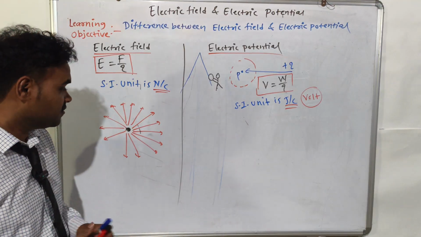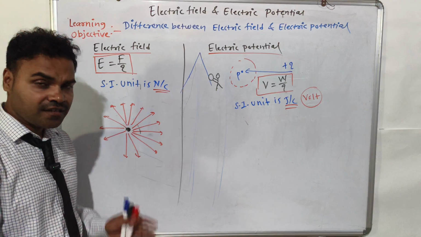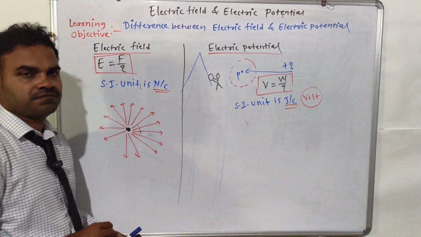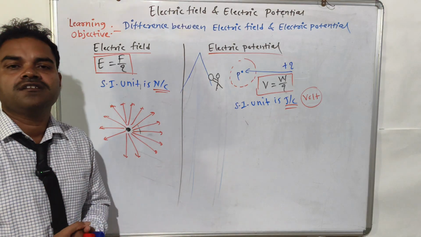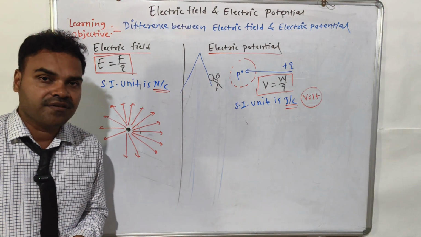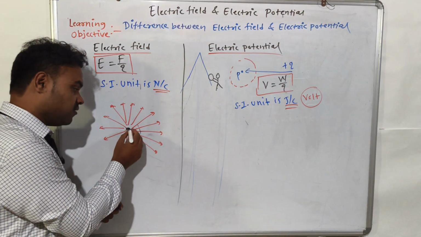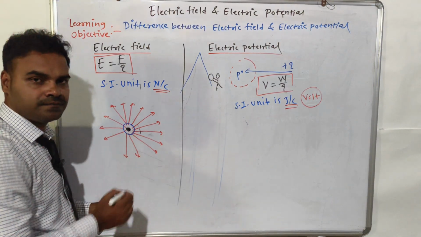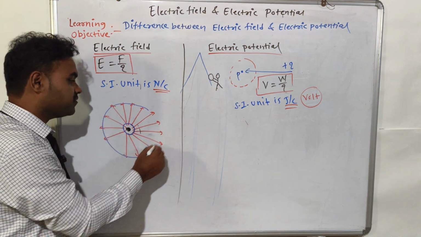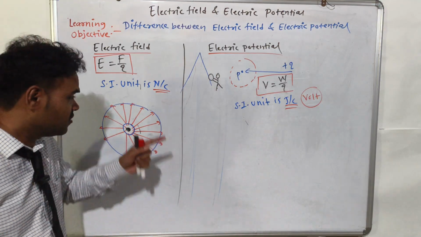My question is that a charge produces its electric field in the outward direction. Tell me, where is the electric field more? Is it more near the point, or is it more away from the point?